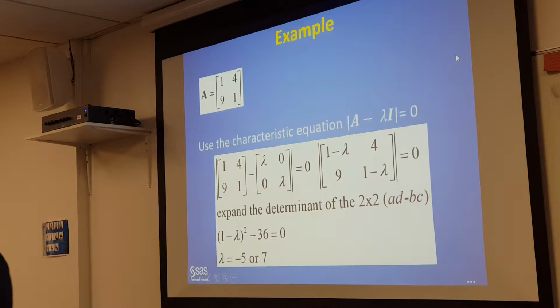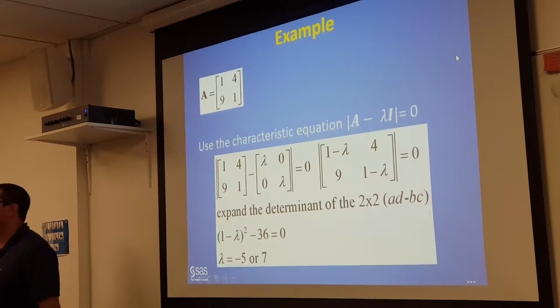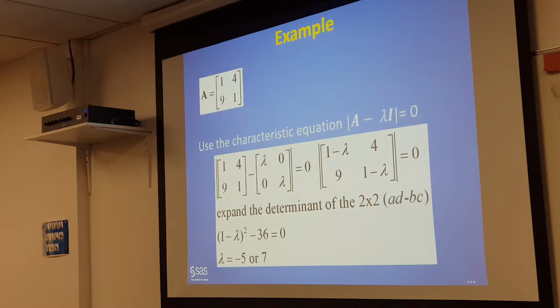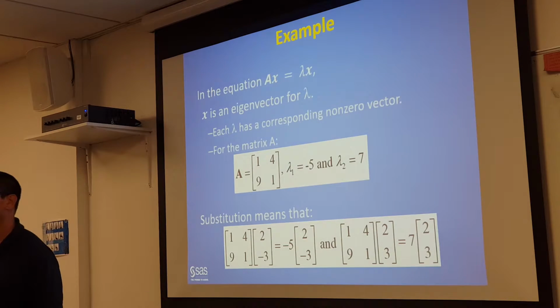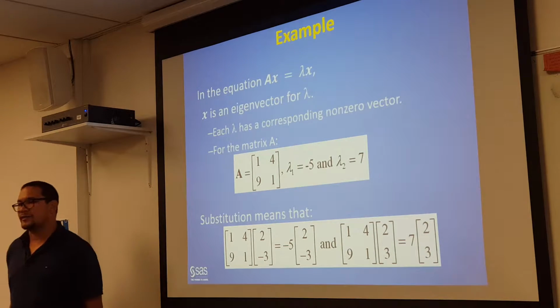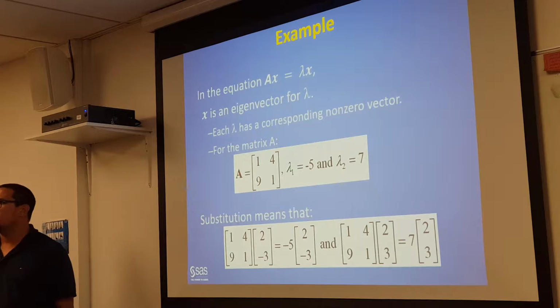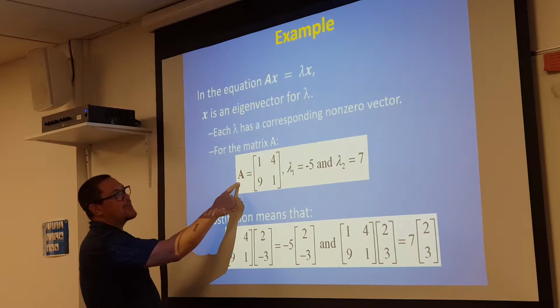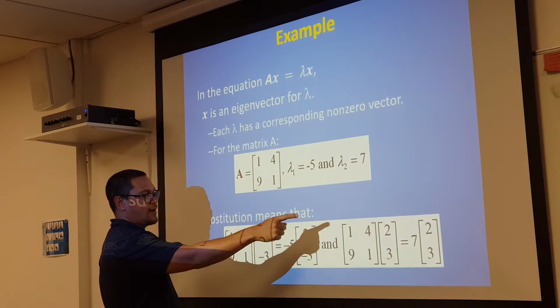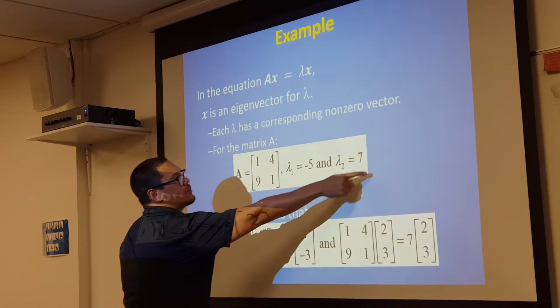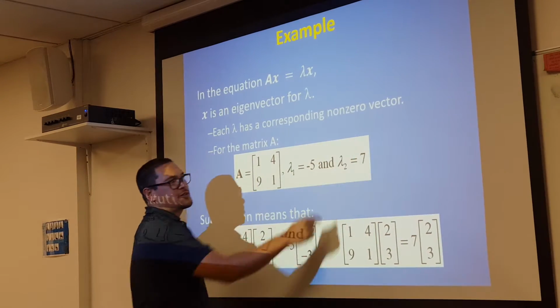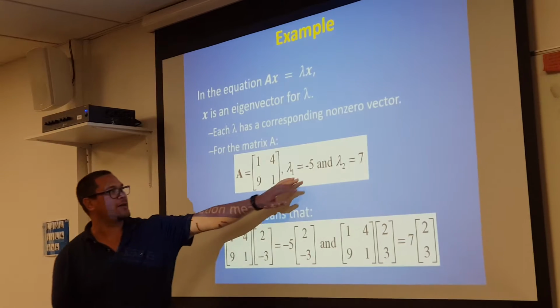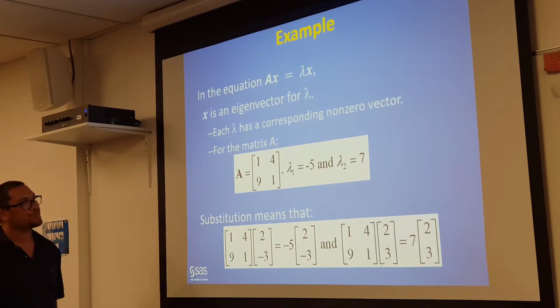But the main thing is we've got our lambdas now, right? We've got our eigenvalues. Now we can just plug those into the equation, negative 5 and 7, and we'll do them separately to work out our eigenvectors, right? So we know what A is. Normally we would say this is the bigger lambda, so we'd start with that one, but we're just going to start with lambda 1 equal to negative 5.